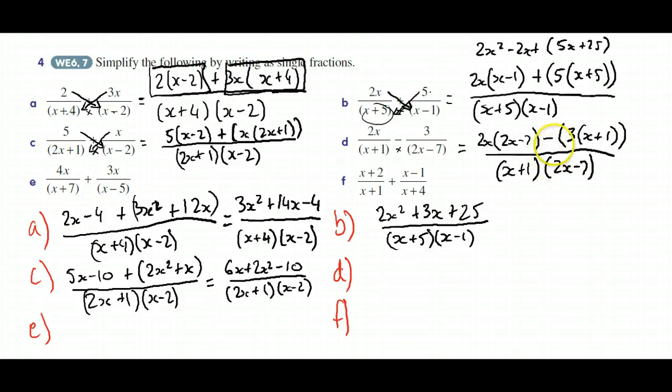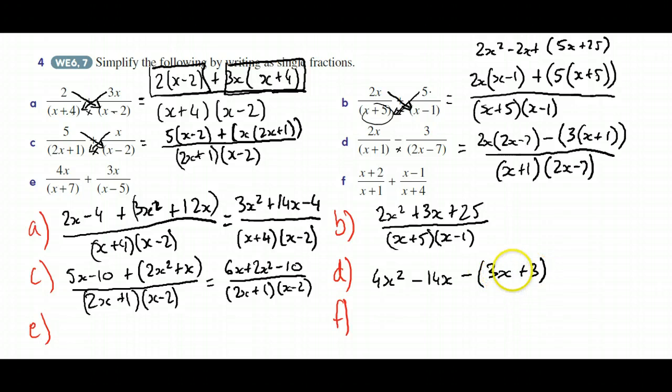Now, just so you can see what's going to happen ahead of time, this minus is going to get applied to all of this here. So although it looks positive at the moment, because of this minus, all of it is going to be deducted from the first part. Alright, now let's expand that out down here. 2x times 2x is 4x squared, and then 2x times negative 7 is negative 14x, and then all of the rest is going to be minused, and it's 3x plus 3.